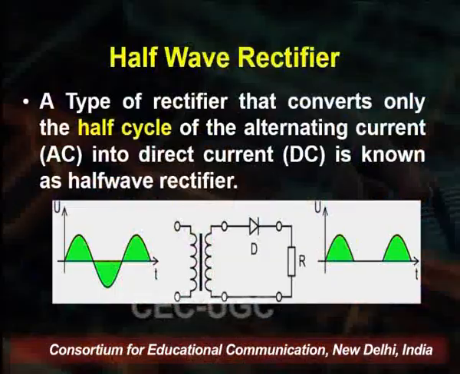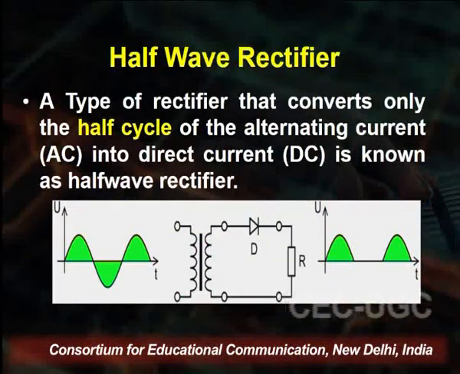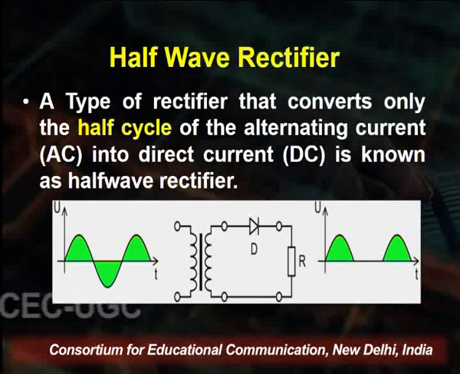On the screen you see the secondary winding, where 2 coils are attached and separated. So the current flows from anode to cathode through the load resistance RL back to the secondary winding.